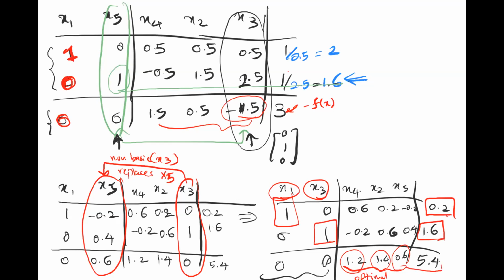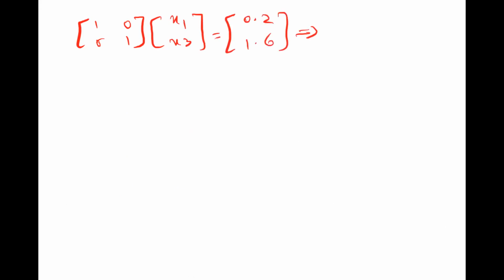Let's try to evaluate this. As I said, 1, 0, 0, 1 multiplied by x1, x3 is equal to 0.2, 1.6. It also tells us that x2 is 0, x4 is 0, and x5 is 0.